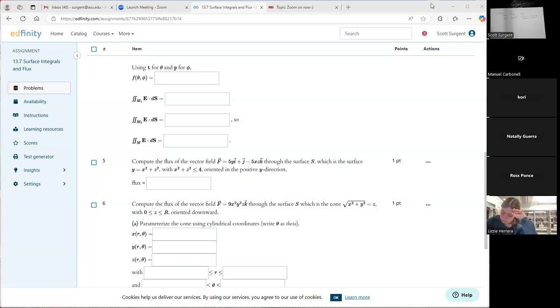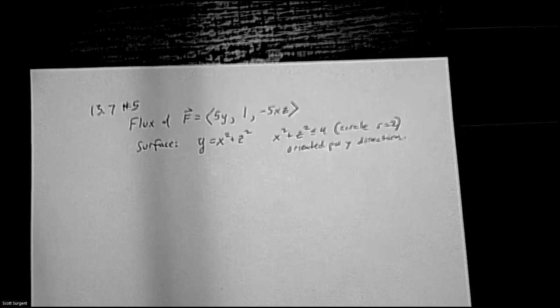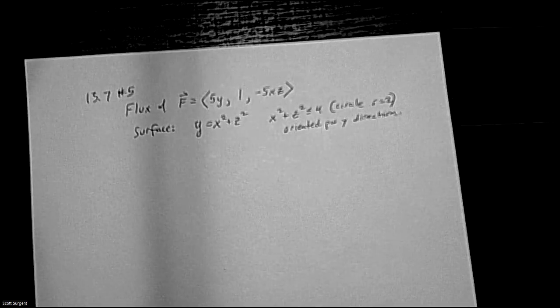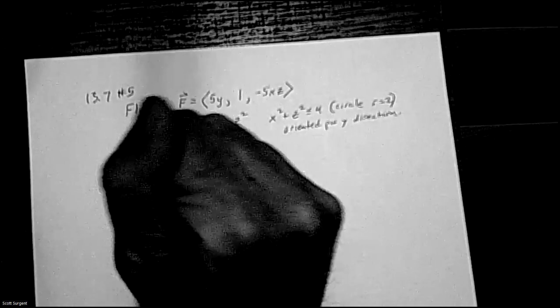Let me stop the share. Give me a second here. We have to actually come up with the n vector that sticks up out of the surface, and we're going to use a nice little shortcut.